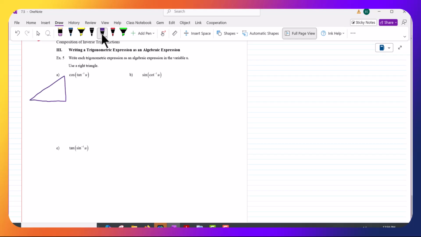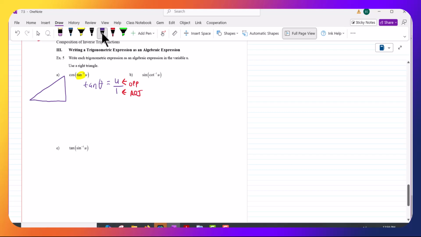So this part right here, what this really means is the tangent of some angle theta is equal to u. And I'm going to put that u over 1. And in a right triangle, the definition of a tangent is opposite over adjacent.